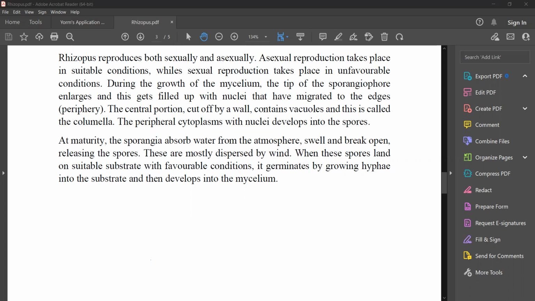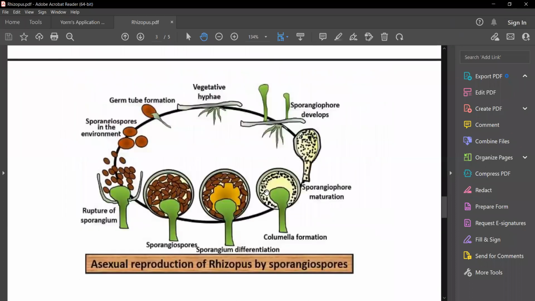Okay. So that is with the asexual reproduction. Let me see if I have a diagram within my slide to show you. Good. So this is it. You have your vegetative hyphae. These are rhizoids. So you have your rhizoids forming in the suitable substrate, right?